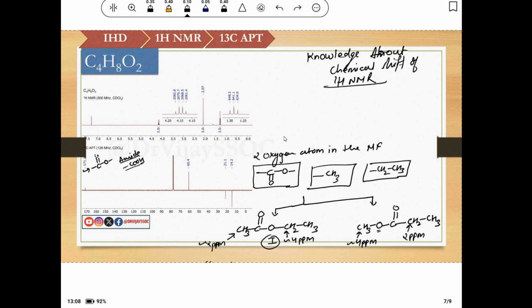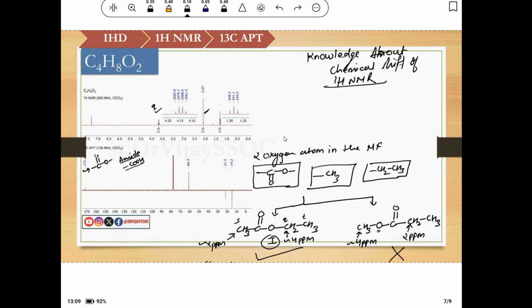If you look at the 1H NMR, then you can see that this CH3 is coming around 2 ppm, and this CH2 is a quartet, this is a triplet, and this is a singlet. So the quartet is coming after 4 ppm. So we can clearly say that the given 1H NMR and carbon belong to this molecular structure, not this one.